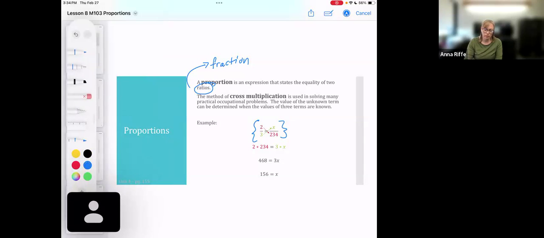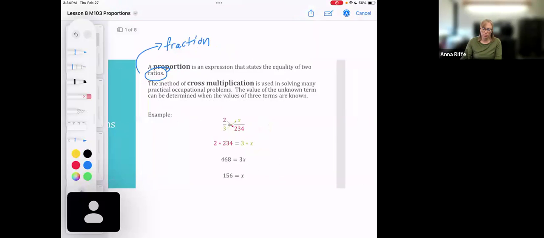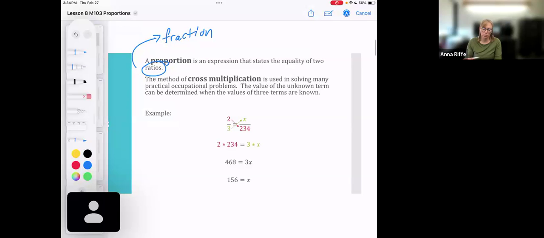Thankfully, as equations go, these are really not too terrible to solve. We can use a method called cross multiplication to solve any application that involves a proportion. A lot of practical applications do involve proportions like this.